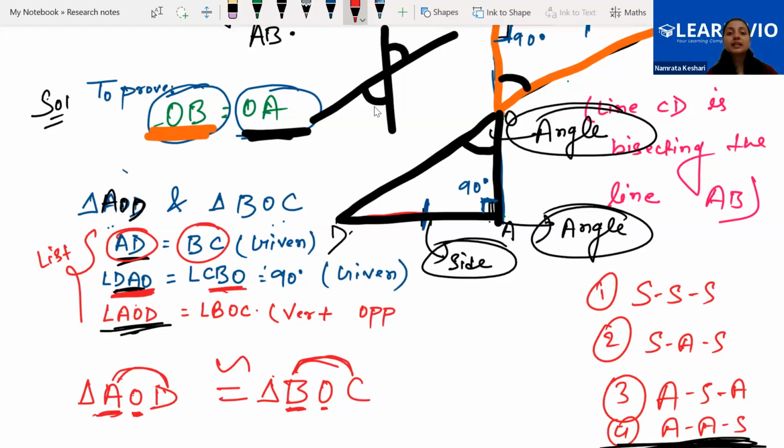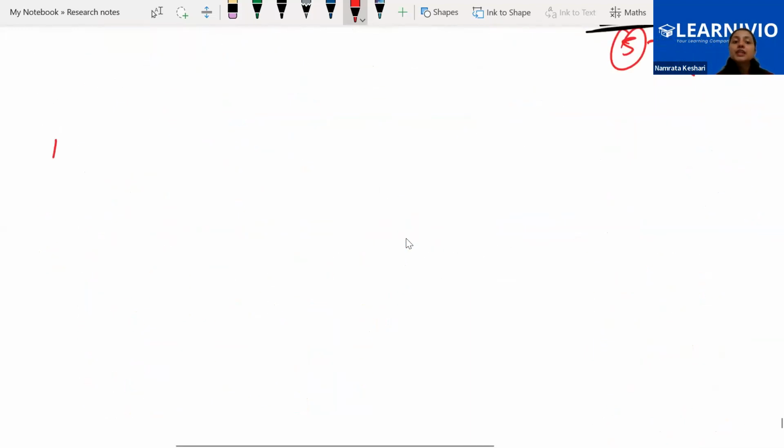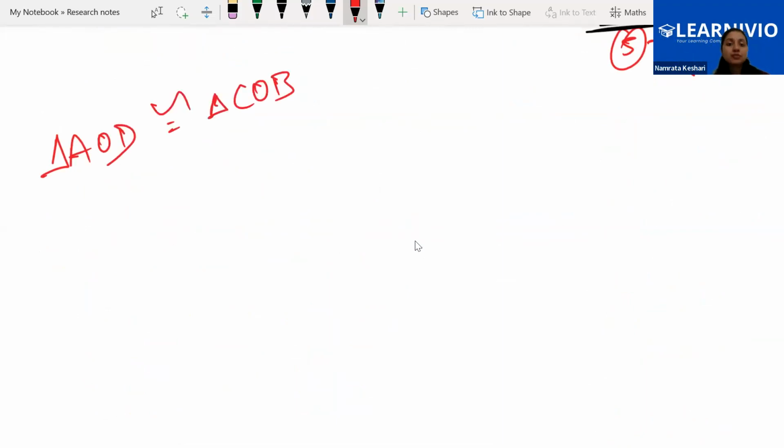How will you understand what the proper name should be? AOD is equal to COB. Can we say COB? No, we cannot say. We cannot say that AOD and COB are congruent with each other.